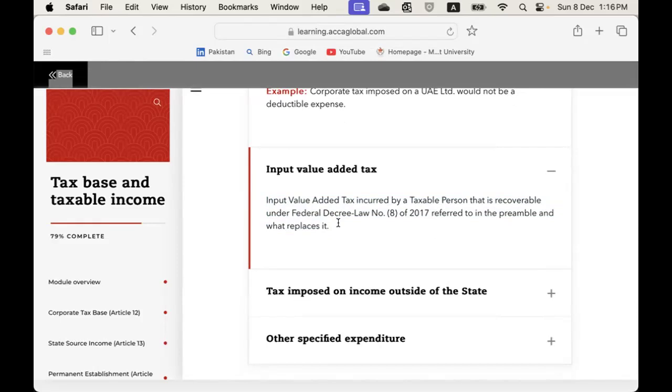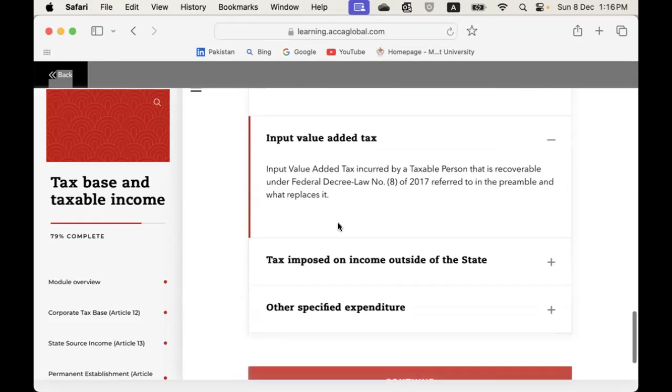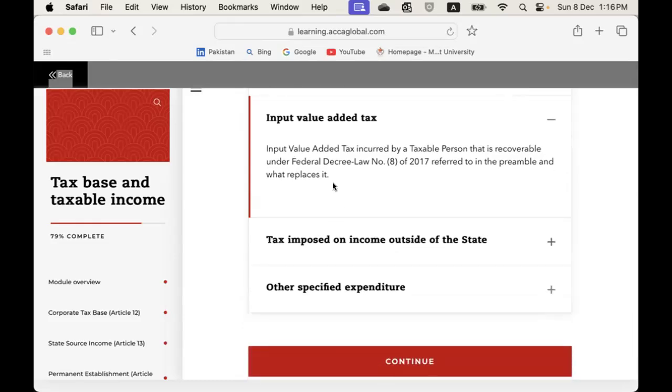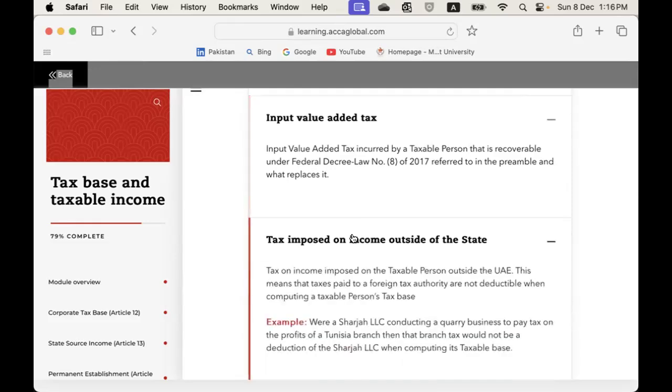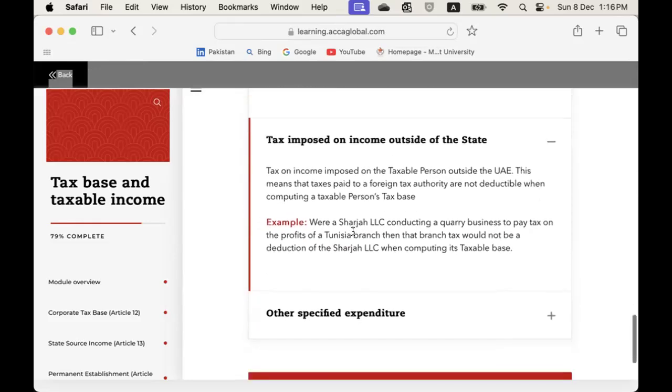It would be an allowable deduction if you cannot claim it. What is your view, Kalima and Mujaddid? Because they have specified here only recoverable ones are disallowed, then the other one not recoverable will be allowable. Yes, correct. All of your understanding is right. That blocked input VAT is an allowable deduction.